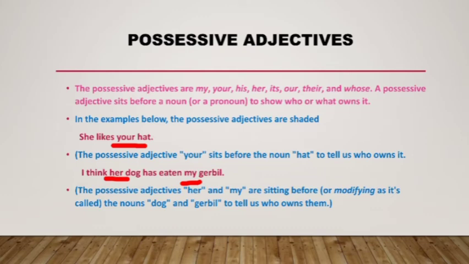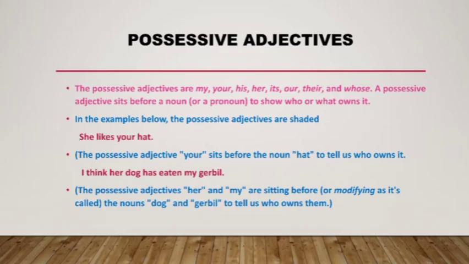The possessive adjectives her and my are sitting before the nouns dog and gribbles that tell us who owns them. So students, I hope you understood the difference between possessive adjectives and possessive pronouns. Possessive pronouns are always followed by a verb, whereas possessive adjectives are always followed by a noun.